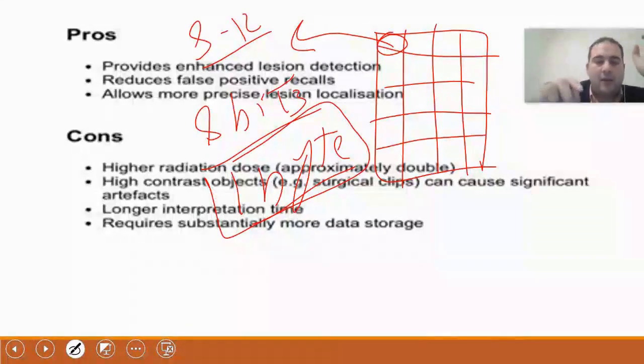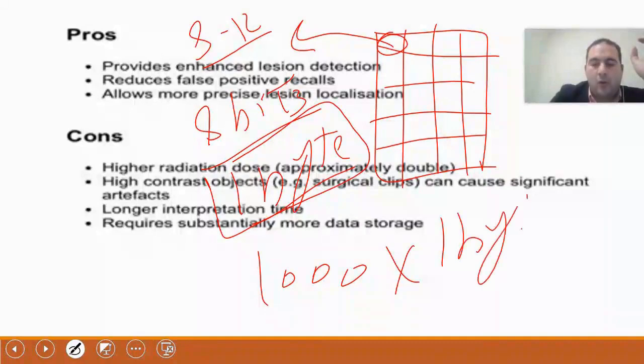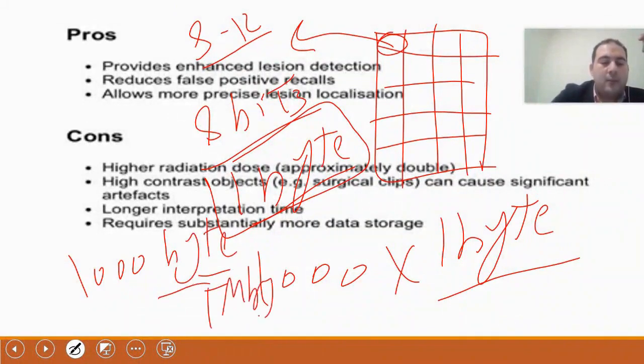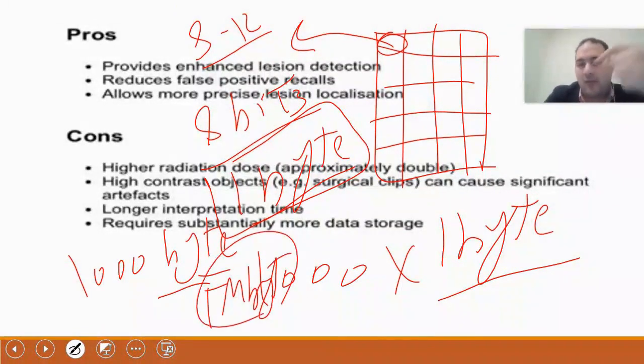This means that if I have 1000 pixels, it would require 1000 bytes for the image, which is approximately 1 kilobyte. To store a million pixels, it means the image size is approximately 1 megabyte.